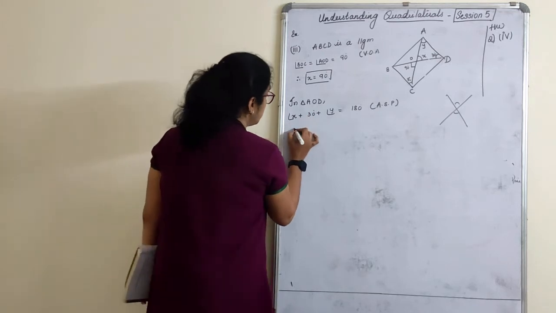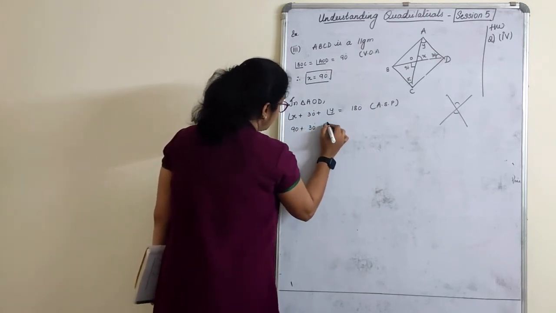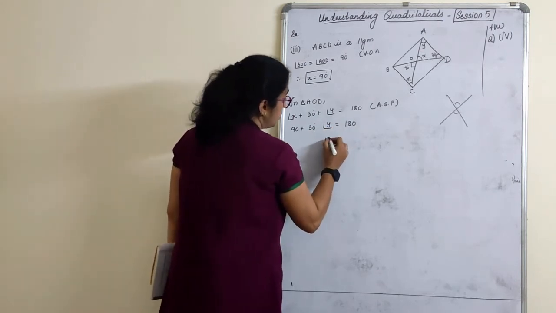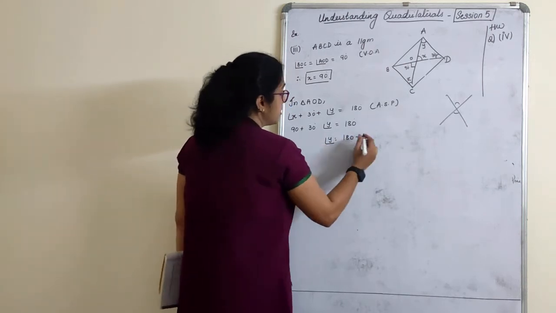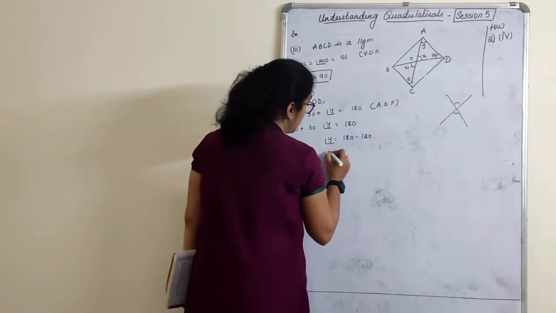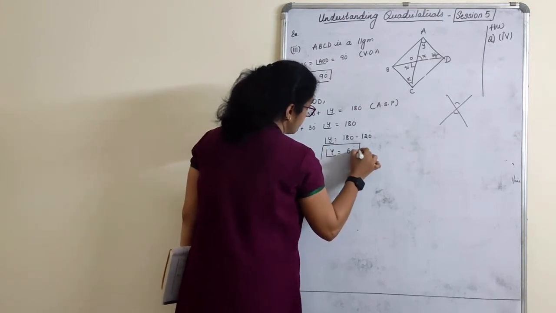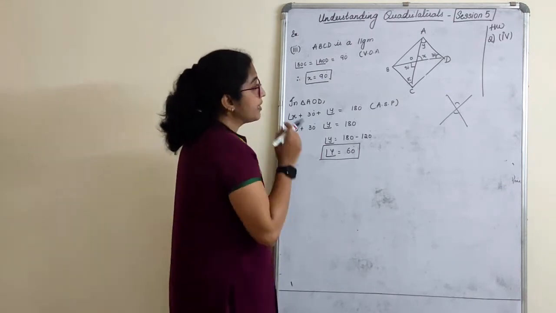What is angle X? 90. 30. What is angle Y? We have to find out. So angle Y is 180 minus 90 plus 30, which is 120. Therefore, angle Y is 60 degree. Angle Y we found out, 60 degree. Okay. Now look at the thing here.